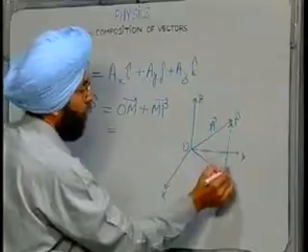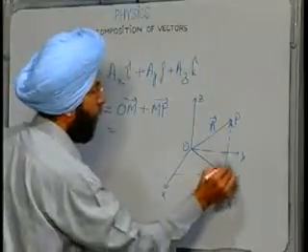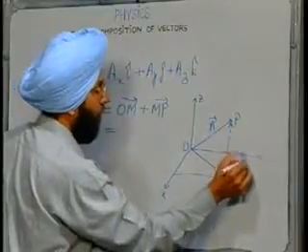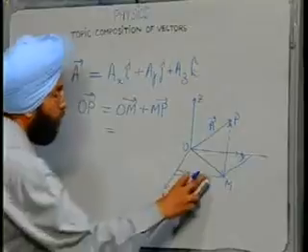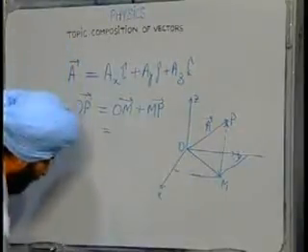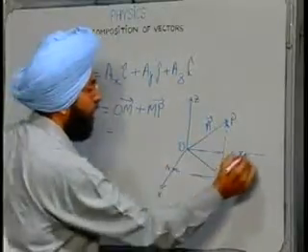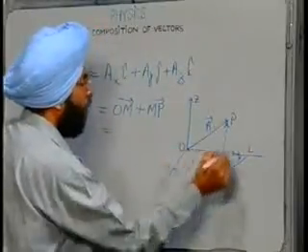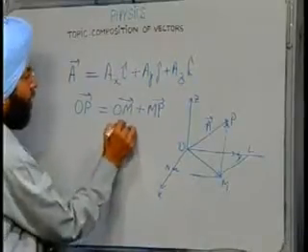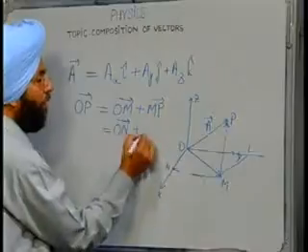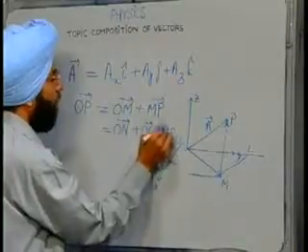OM vector we can resolve into two components along x axis and along y axis. So, these two components ON and OL. ON is along x axis and OL along y axis, plus MP.